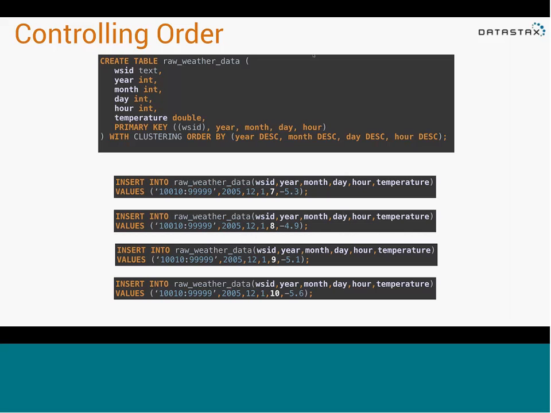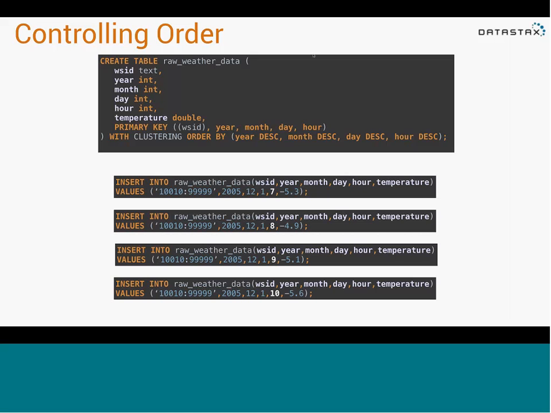Why do you have parentheses around the partition key? Good question. The primary key has a lot more going on than just one partition key and one clustering column. I put the parentheses, or the brackets if you're in Europe, around WSID because I wanted to make sure you know that this is a partition key.